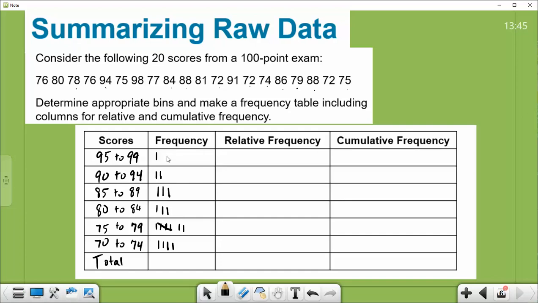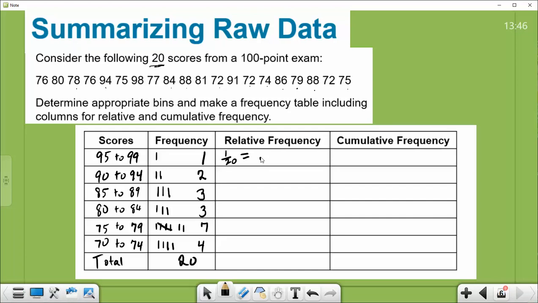So it looks like we have 1, 2, 3, 7, 4, and that should add up to 20. Just make sure the total is 20. So 6, 9, 16, 20. Yep. And for the relative frequency, remember you're going to do 1 divided by 20.